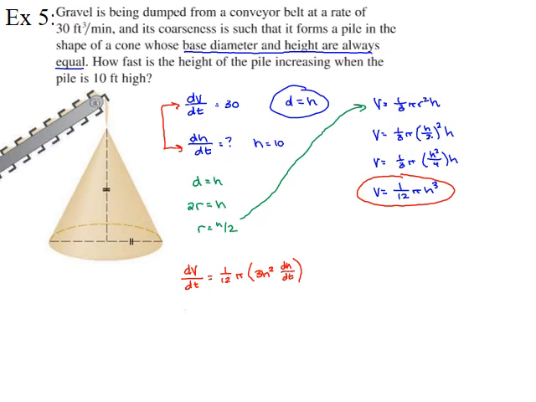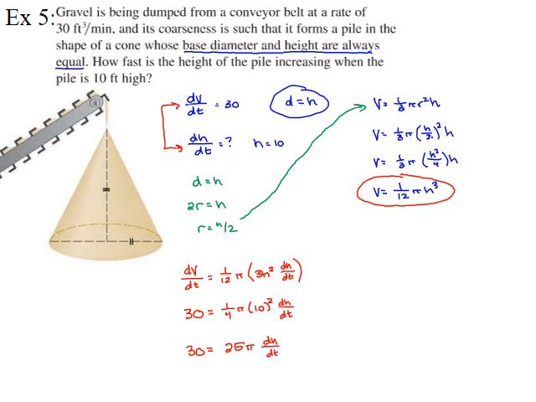We know that dV/dt is 30. 3 times 1/12 actually makes this a 1/4 pi. We know that h is 10, and we're going to square that, and then dh/dt is our unknown. Let's see, this becomes 30 equals 10 squared is 100. 100 times a fourth is going to be 25 pi dh/dt.